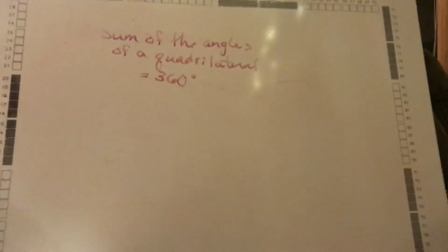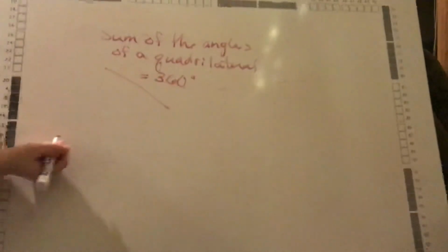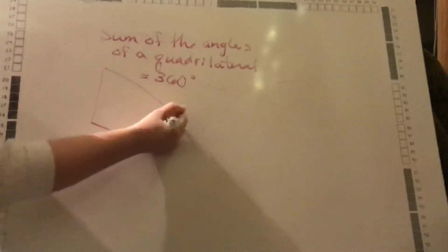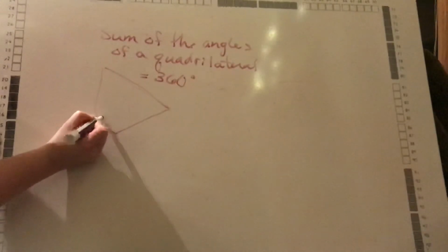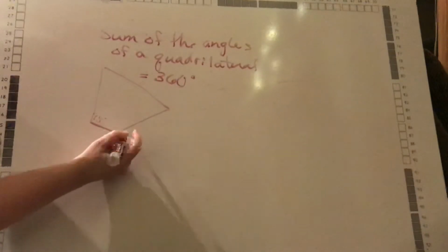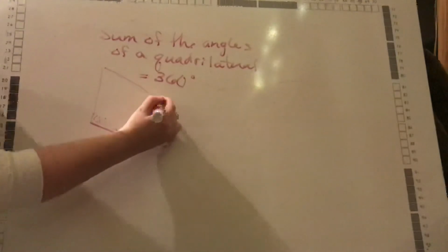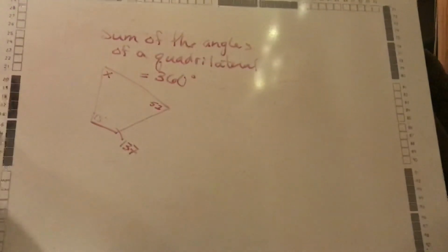So if you have something like this, which is in our book, for example 2, and I'll draw it the best I can, something like that. This one is 98 degrees. This angle here is 137. This is 52. And that is x.